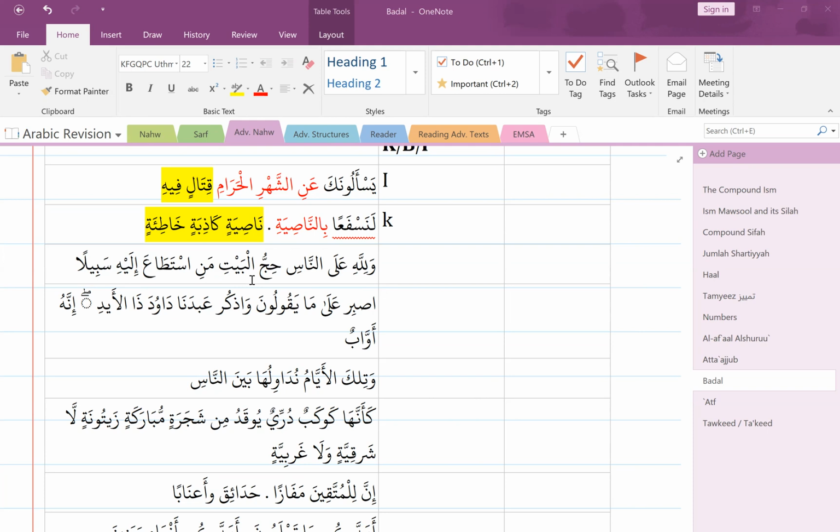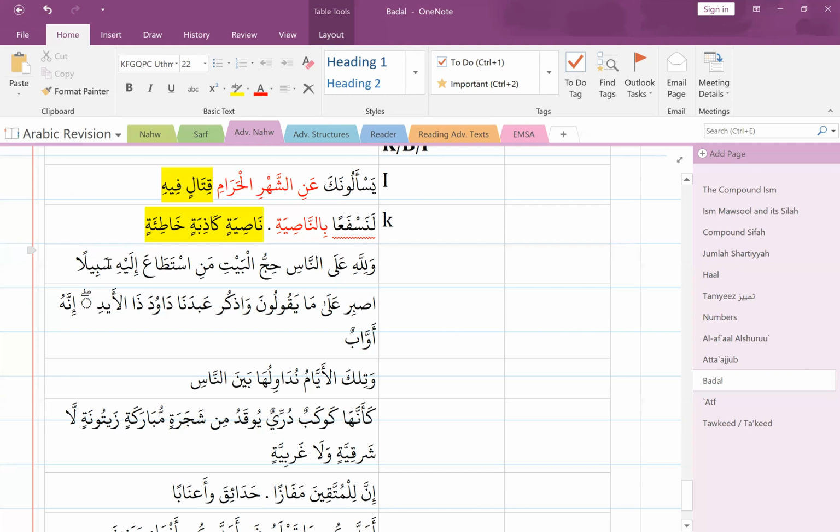The people go to Hajjul Bayt for Allah, from those who are able. Istata'a is to be able. So from those who are able to do it, sabilan.